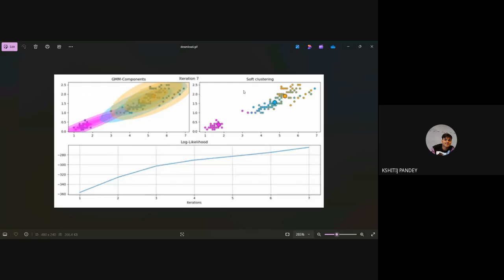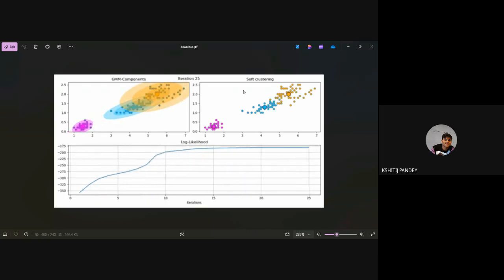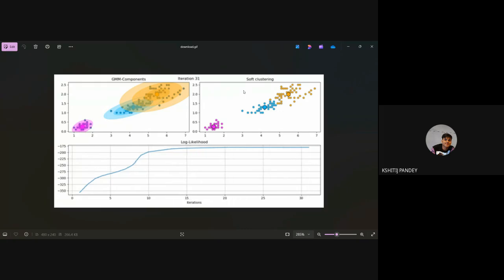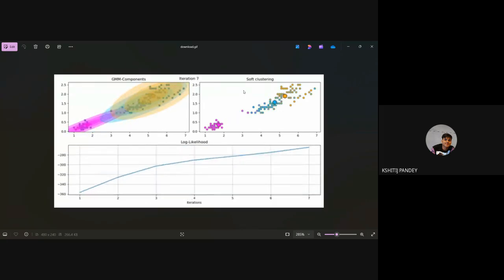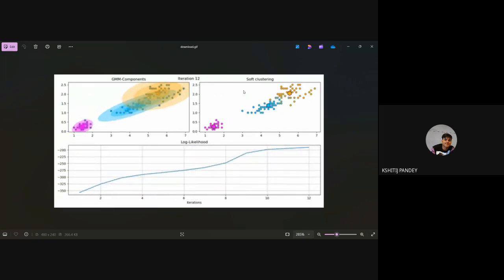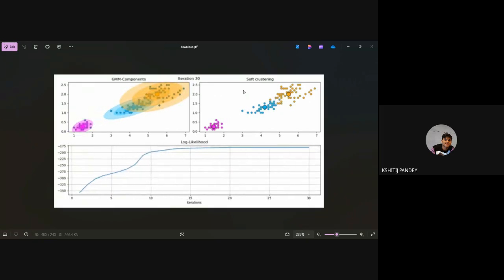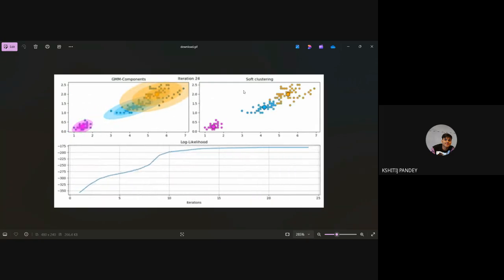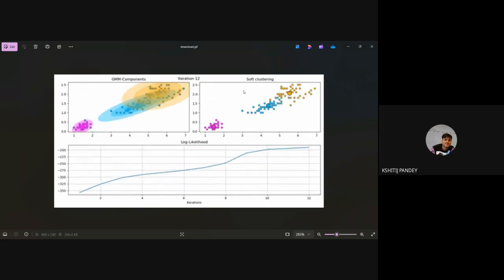You can see points colored in different ways, but all points have some probability of going into some mixture. Any given point has a probability of going into the purple cluster, the blue cluster, as well as the orange cluster. And you can make it hard clustering by saying, the one which has the highest probability, we'll assign the point to that particular mixture.